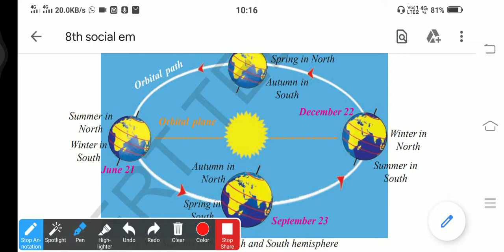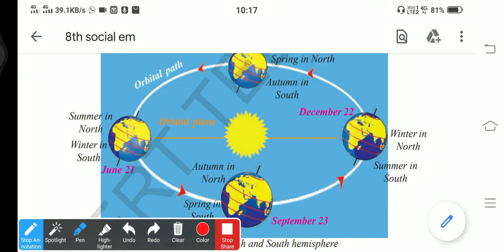What do you see? The southern hemisphere is facing towards the sun, so it is summer. Now we take June 21st.